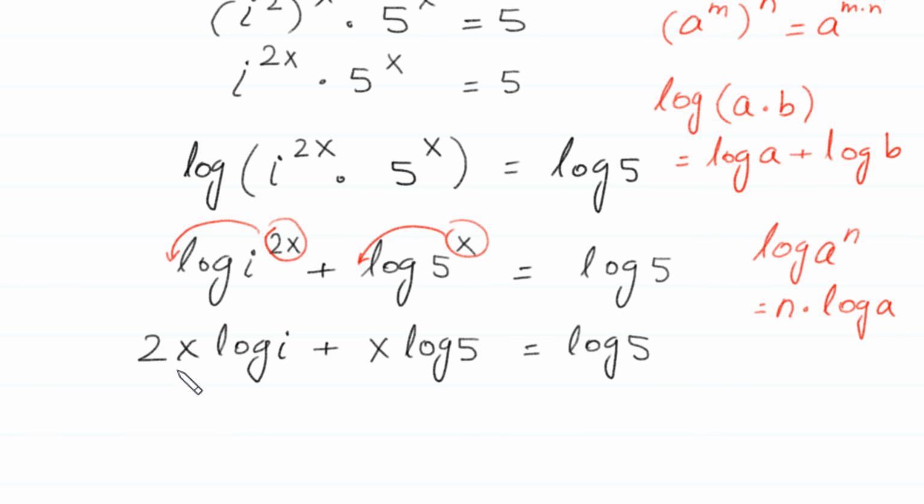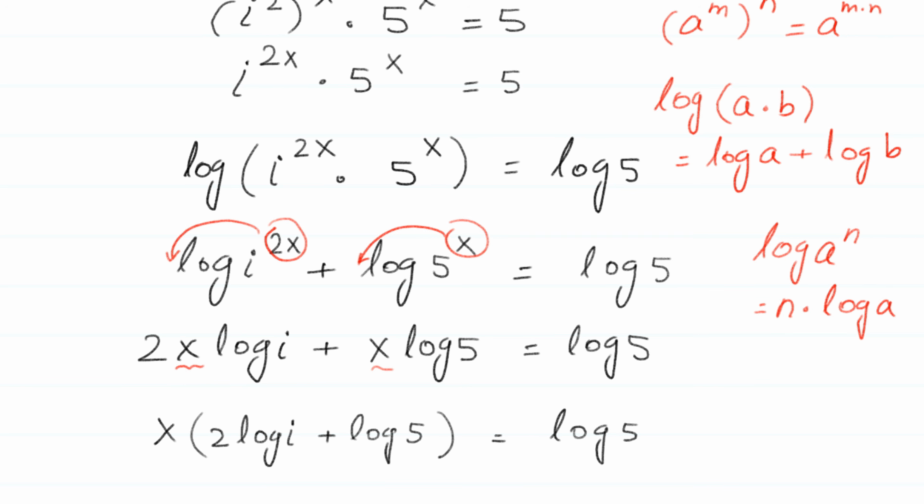Now from here we can factor out x. x times, in bracket, 2 times log of i plus log of 5 is equal to log of 5.